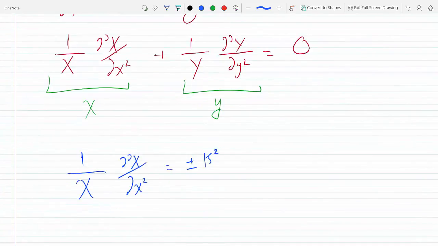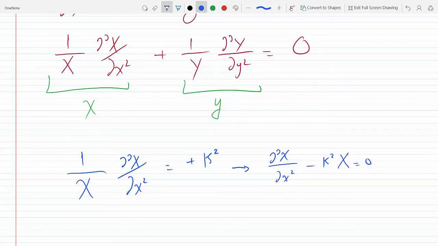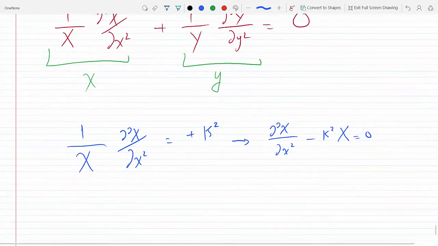You'll see. So we're gonna call this k squared, the positive one. Okay, and so this becomes d squared X over dx squared minus k squared X equals 0. Characteristic equation, or auxiliary equation, whatever you like.